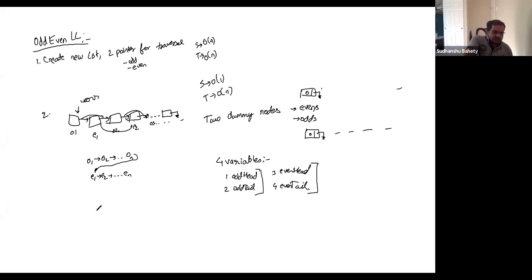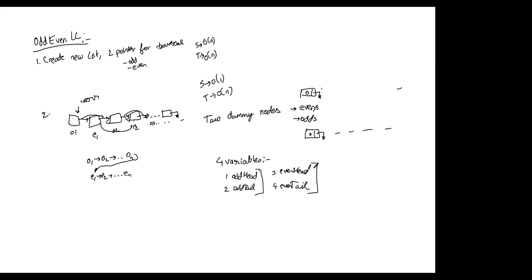Let's discuss. You are given this linked list, how are you going to do it? How many variables do you require? Okay. Odd tail and even head. That's what you're saying, right? Yeah, okay. Got it. Just to create the linked list, we need the heads.